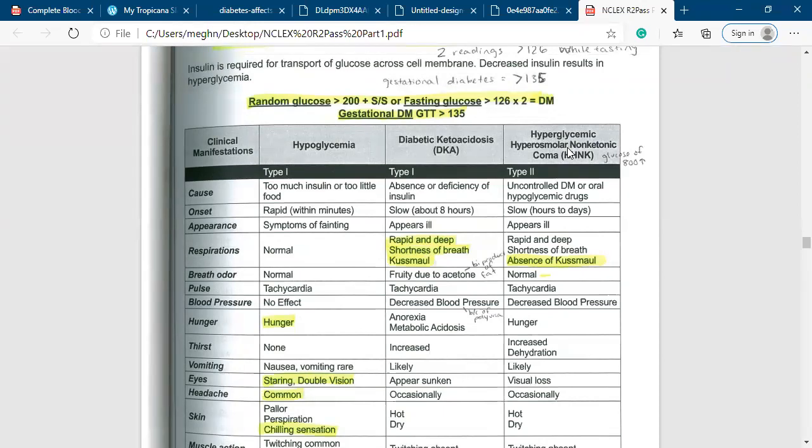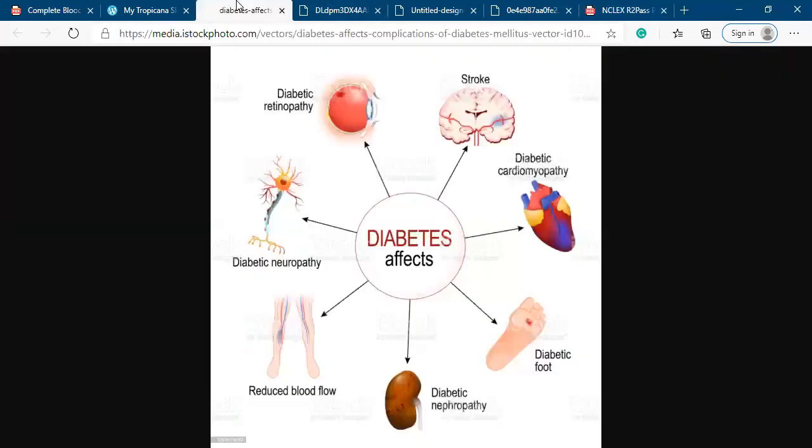So ketone bodies every 3 hours we check, and do not skip the insulin or anti-diabetic medication when they are sick. So if the patient has an acute attack, we have to be concerned. They do not skip the insulin or anti-diabetic medication. So always stay hydrated. Always stay hydrated.